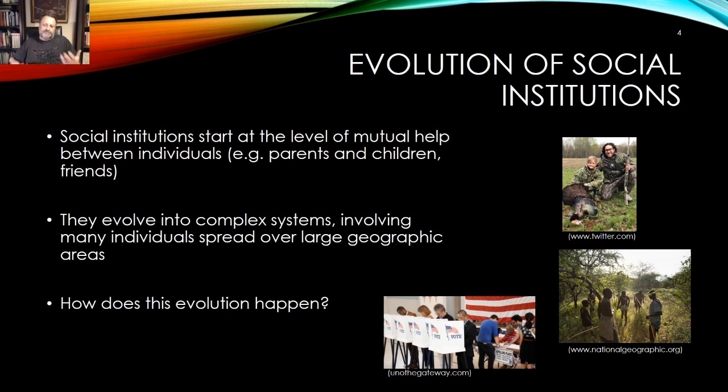So these are all examples of increasing complex social institutions. Now the question is how these relatively simple kinds of social institutions, like parent teaching a child or group hunting, evolve to much more complex social institutions like voting systems, political systems, large corporations. How does this evolution happen?